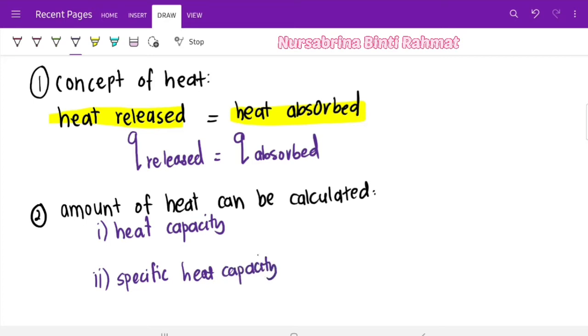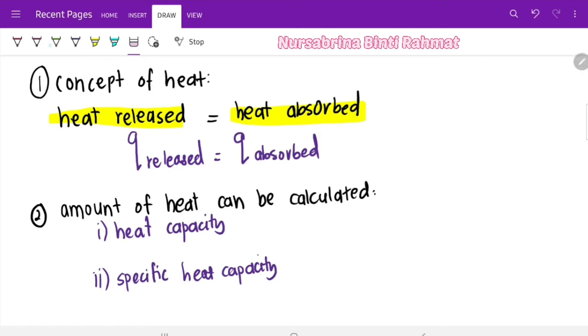Heat capacity is the amount of heat needed to raise the temperature of a substance by 1 degree Celsius or 1 Kelvin. Whereas specific heat capacity is the amount of heat needed to raise the temperature of 1 gram of substance by 1 degree Celsius. You can refer to your lecture notes for the written definitions of heat capacity and specific heat capacity.